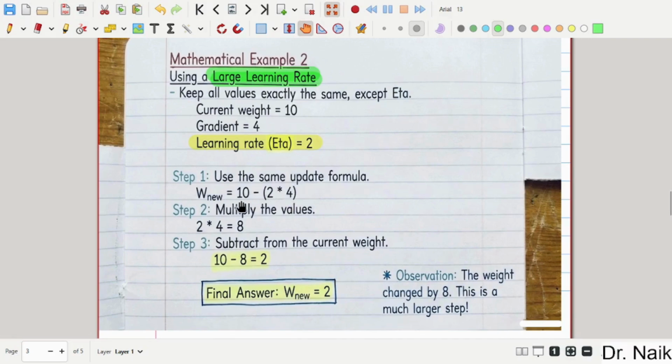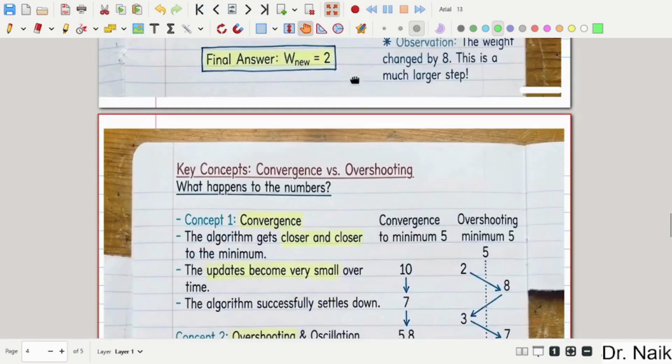So W new is 10 minus 2 times 4. 2 times 4 is 8. Therefore 10 minus 8 is equal to 2. So our W new is 2. Observe that the weight changes by 8. Previously the weight was 10 and now the new weight is 2, so the weight changed by 8. This is a much larger step.